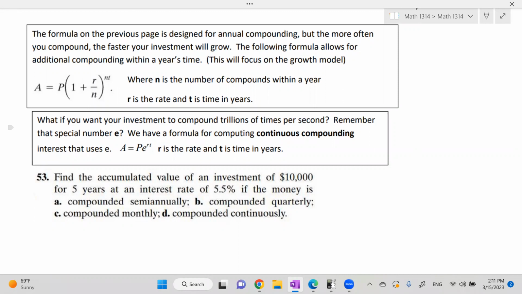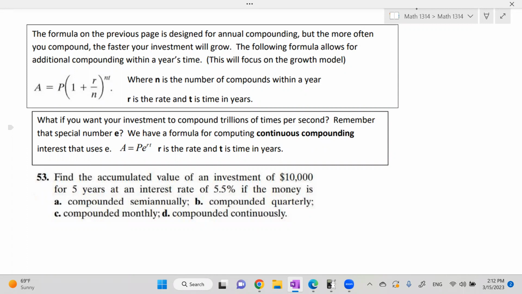Sometimes we are not compounding annually. The bank may say, I can provide you compound semi-annually, or compound quarterly, compound monthly. So you will get more interest after a year or after several years if you compound multiple times a year.